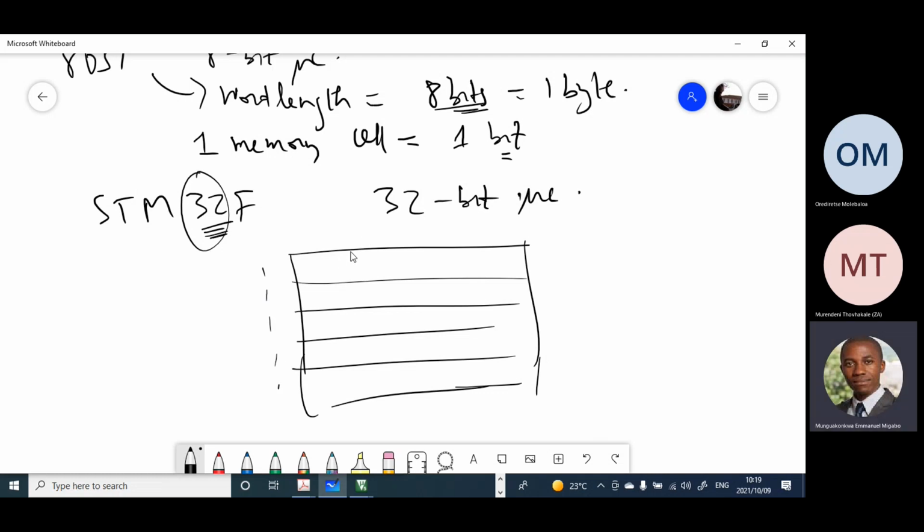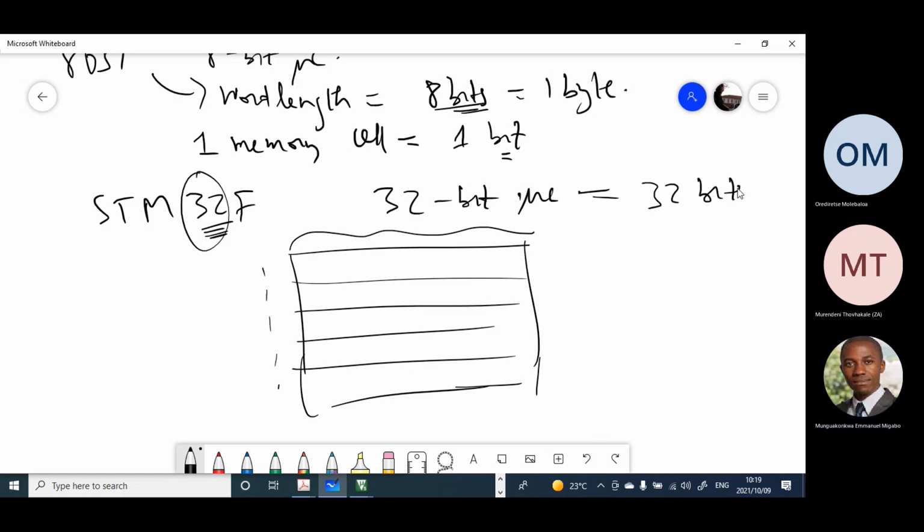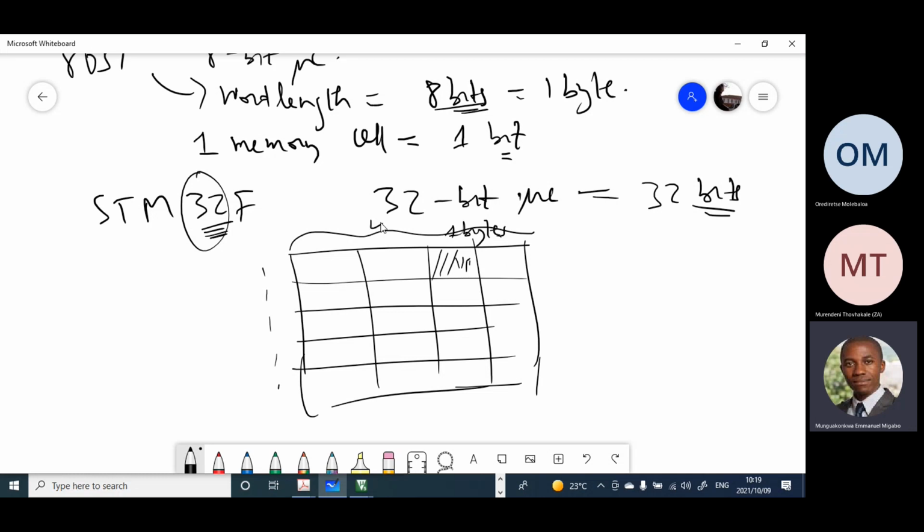But because it's a 32-bit microcontroller, its word length is 32 bits. Now, there are 2 possible arrangements for 32-bit microcontrollers. They could be organized into bytes, so a memory cell of 1 byte each, which would mean there are 4 columns. You get it?